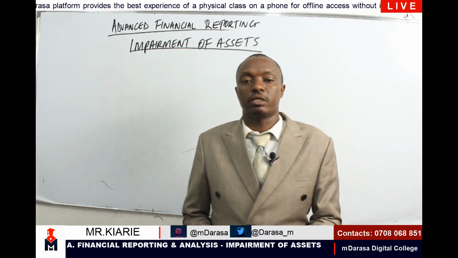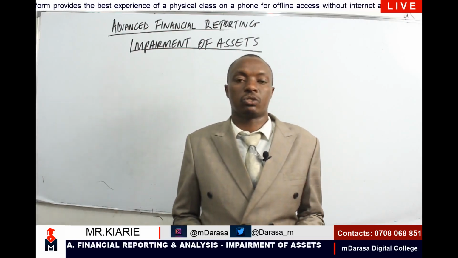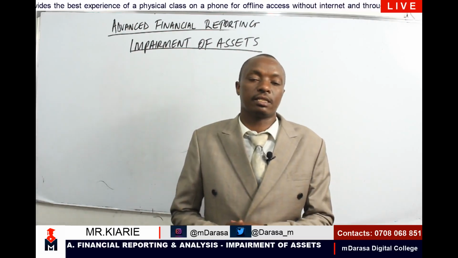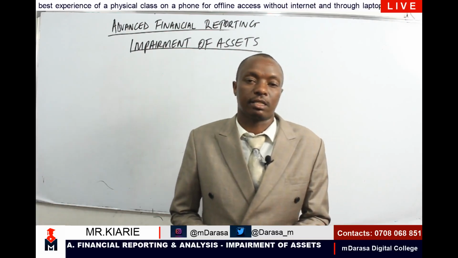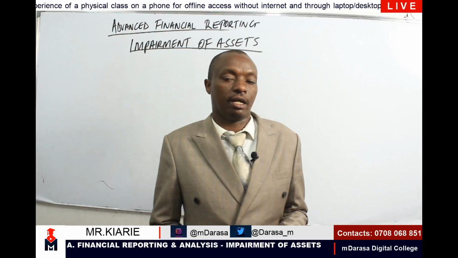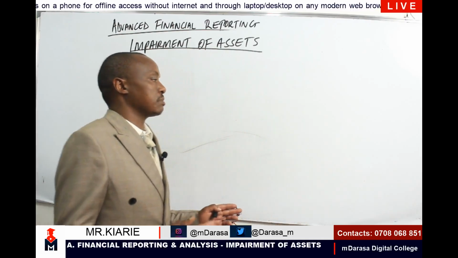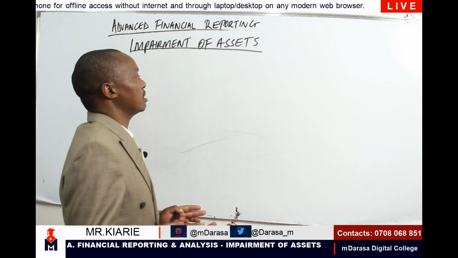Today, I want us to proceed from where we stopped in our last class. In our last class, we were looking at assets and liabilities, and we have covered a number of aspects of assets and liabilities.